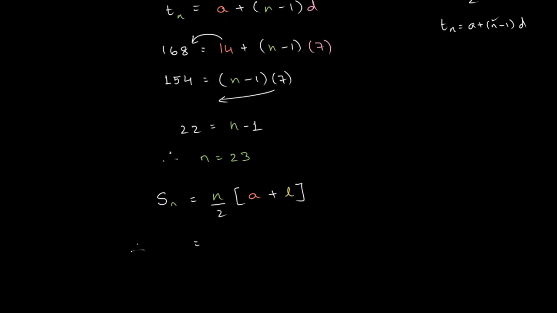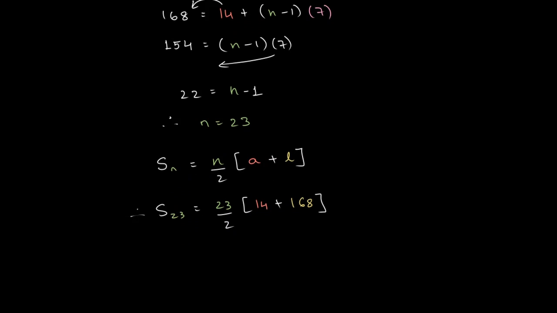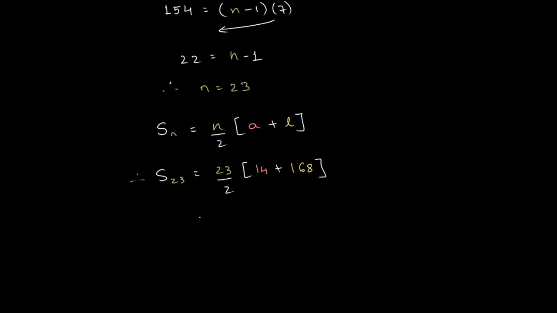So therefore, I can say S23, because there are 23 terms in the series, is equal to 23 upon 2. The first term a, we know, is 14, and we know the last term L is 168. Okay, so let's solve this now to find the value of the sum of 23 terms.